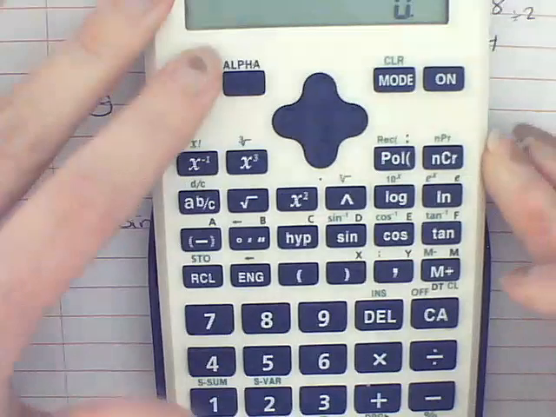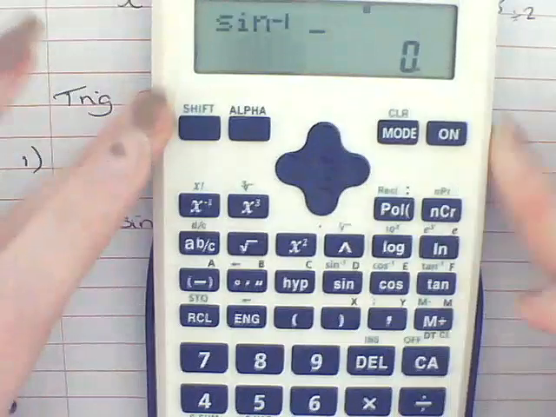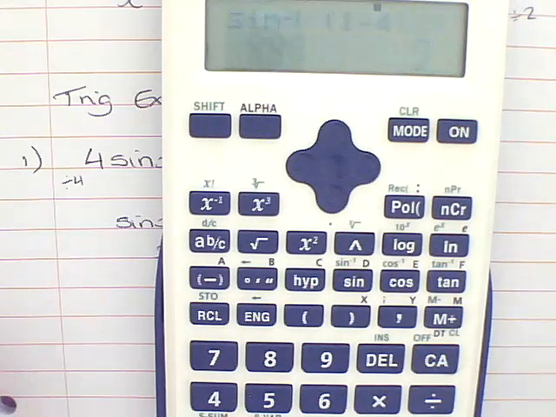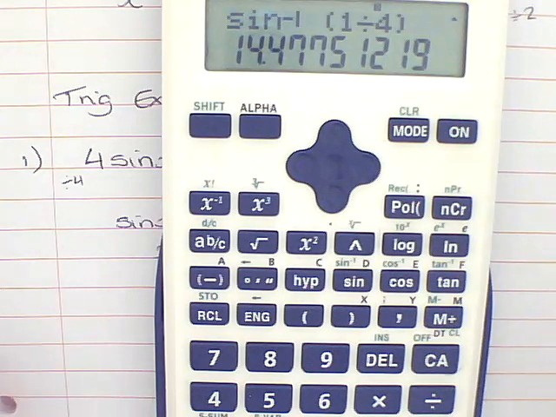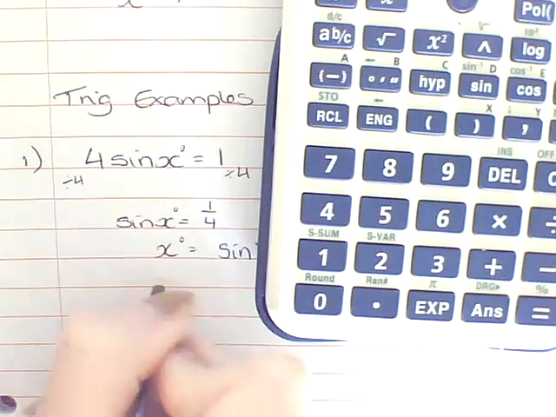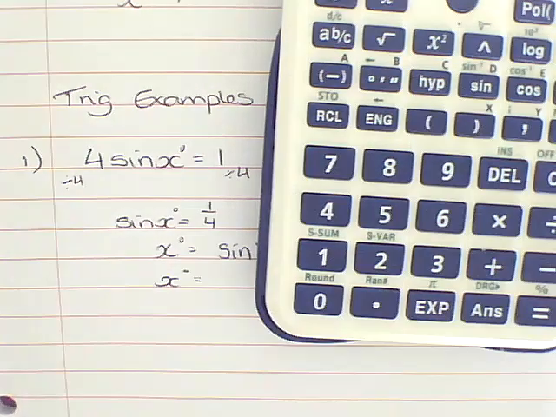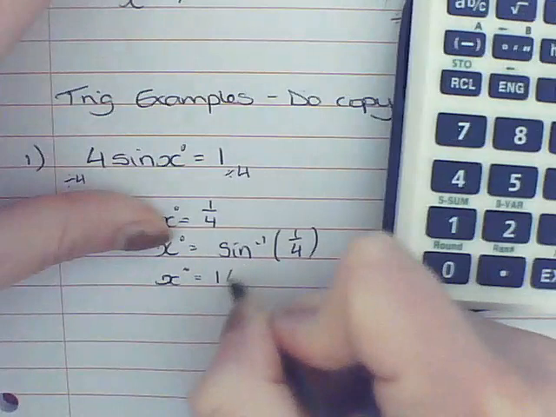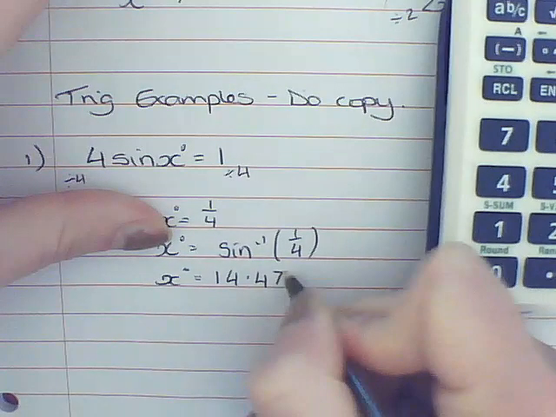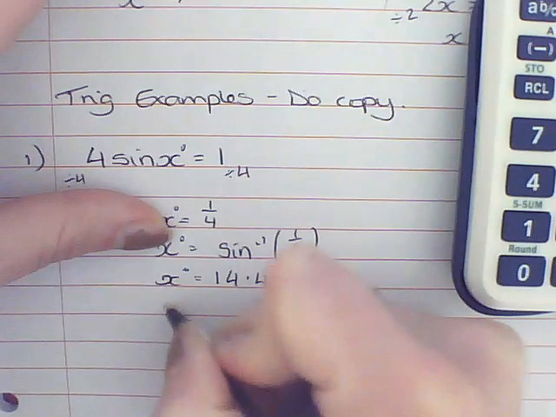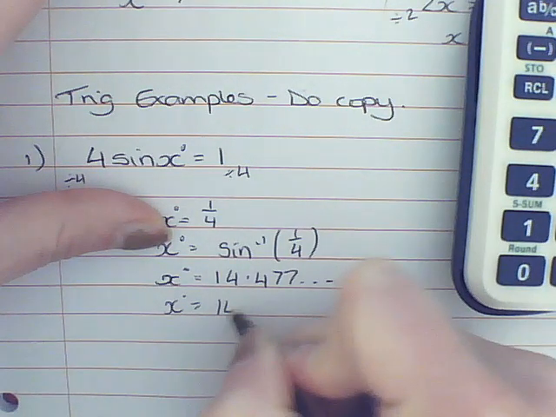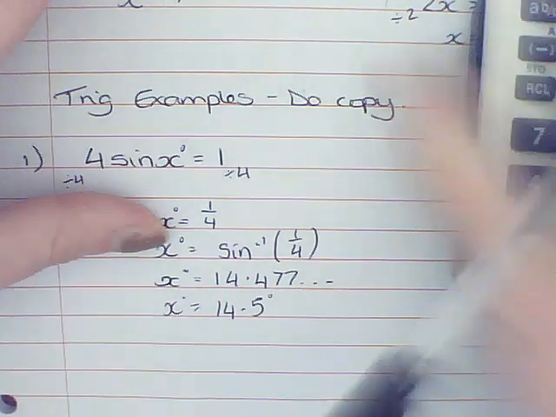So we've got shift or second function sine, bracket, and we've got 1 divided by 4 to get my quarter. X equals, and we've got 14.477 dot dot dot. I'm going to round it to 1 decimal place, so 14.5 degrees.